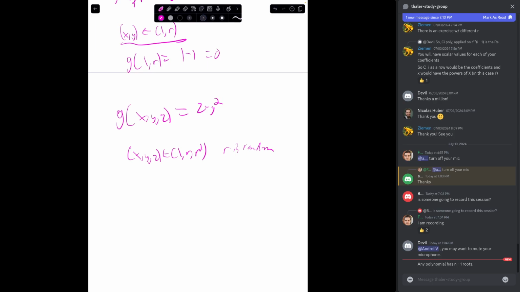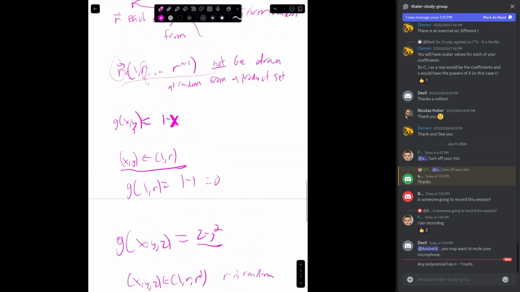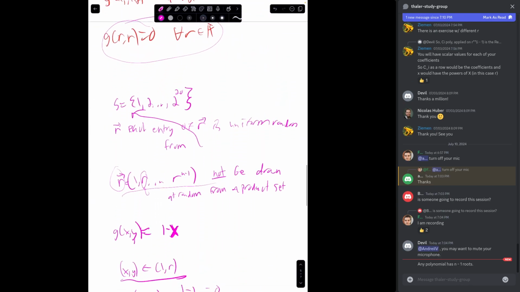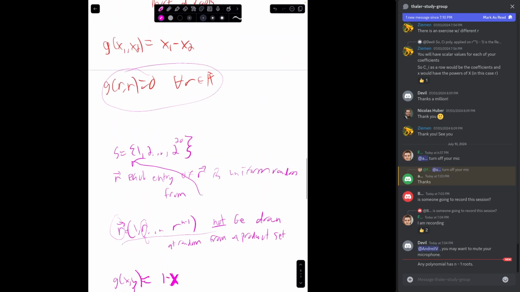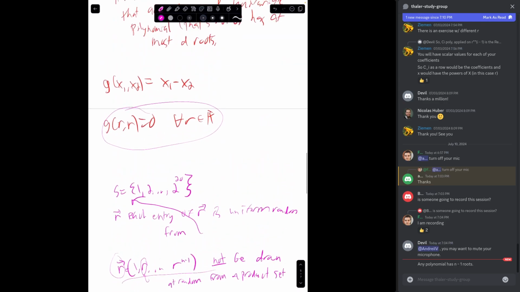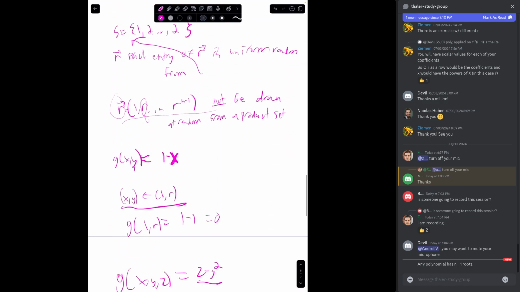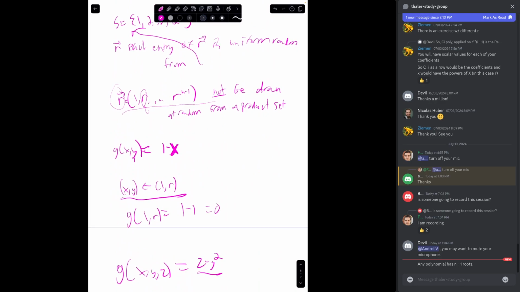Because if I feed into it 1 comma r comma r squared, I get r squared minus r squared, which is 0. So this product set situation seems really intrinsic to Schwartz-Zippel working, and it does work for every product set. But once you have correlation between different entries of R, Schwartz-Zippel is sort of out the window.